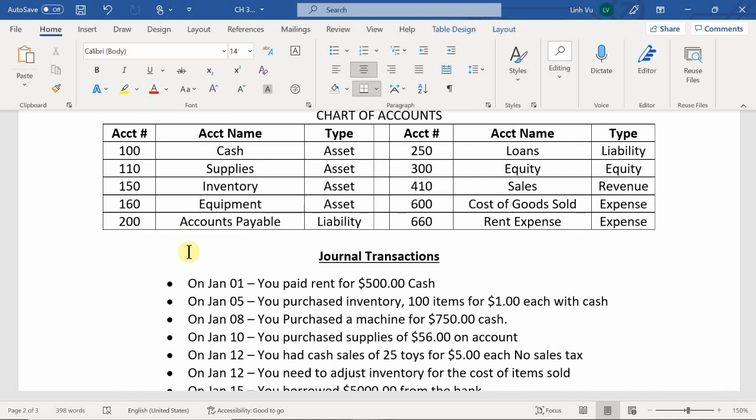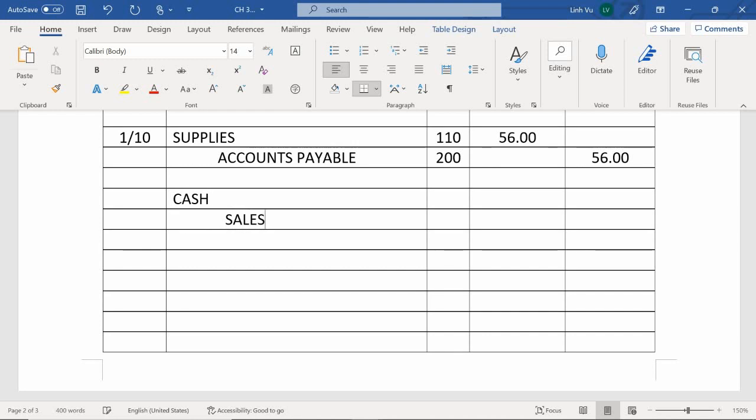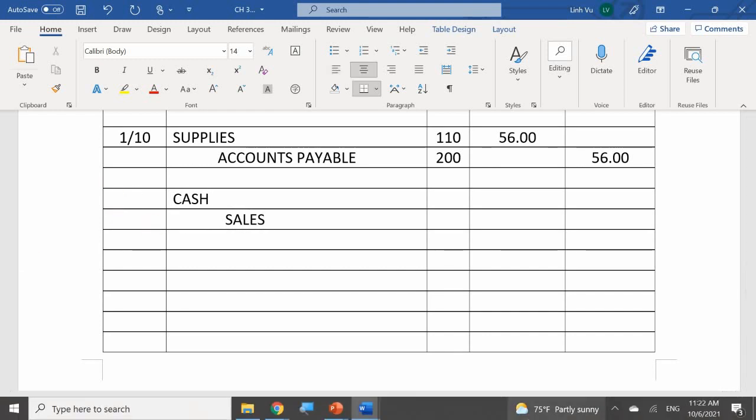Now let's take a look at my sales. Did I increase my sales or did I decrease my sales? Increased. You generated revenue. You sold something, so therefore you increased your sales. And how do you increase a revenue account? With a credit. Excellent. So here I received cash, and I increased my sales account on January 12th.